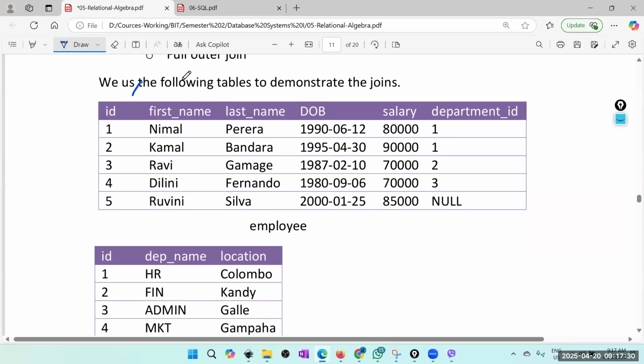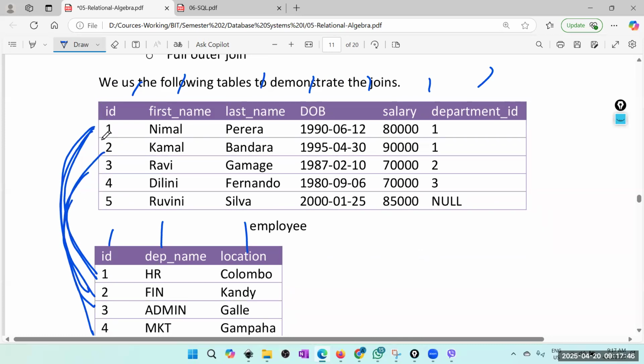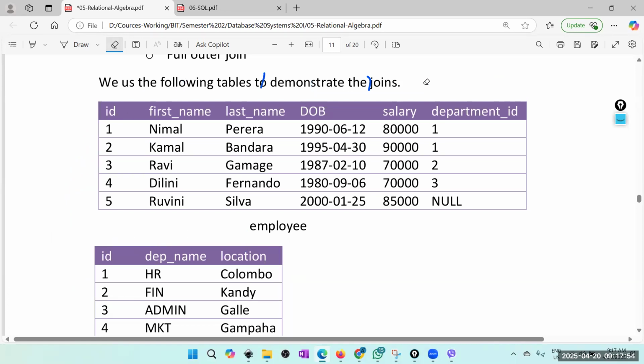Remember, in Cartesian product, we just combine blindly: this with this, this with this, and each record is combined with every other element. But in inner join, we only connect related records.